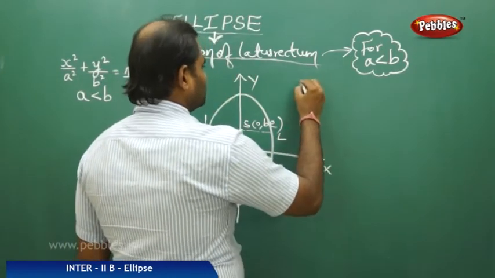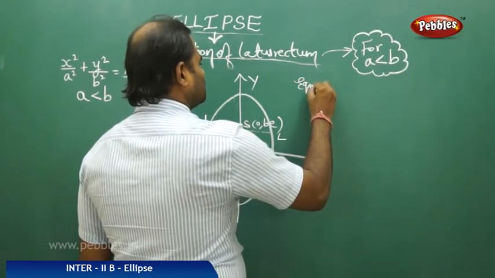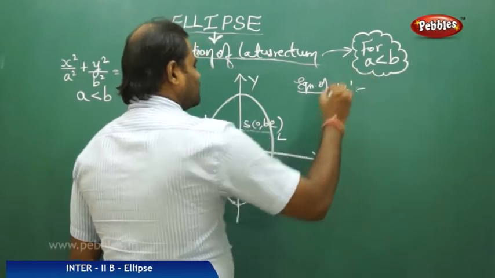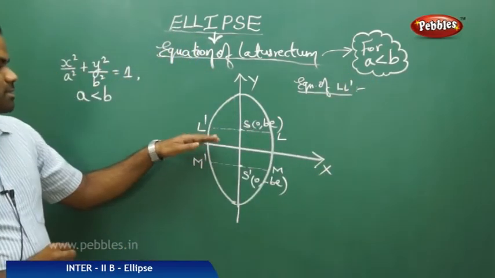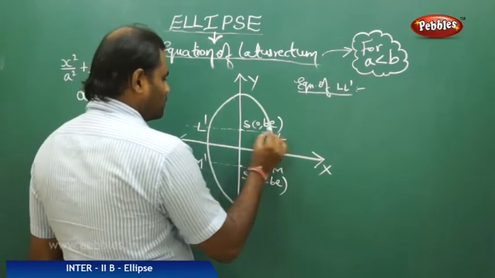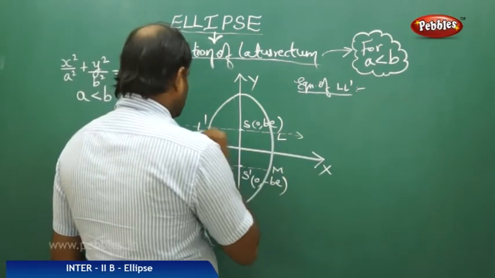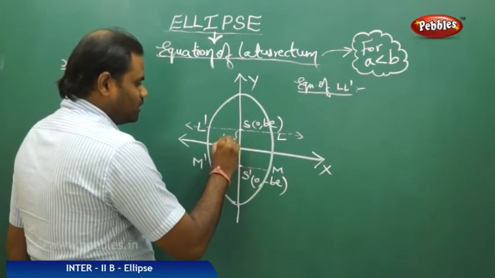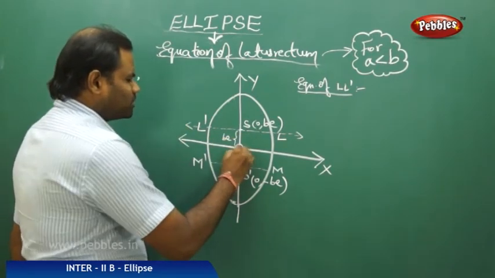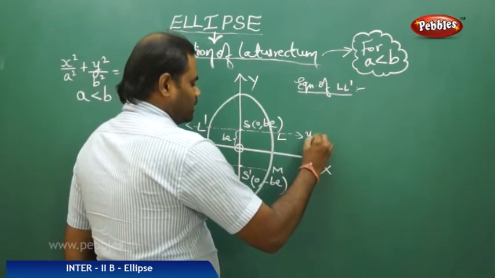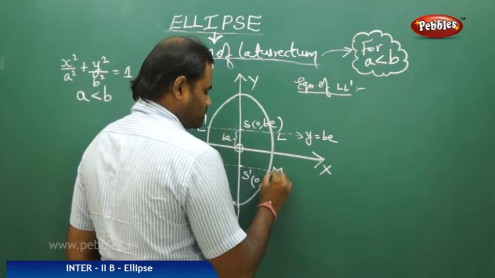And therefore, equation of LL dash would be, this is a line which is parallel to x-axis. Therefore, if I draw a line parallel to x-axis and at a distance of be units from origin, then clearly I have this line to be y equals be.